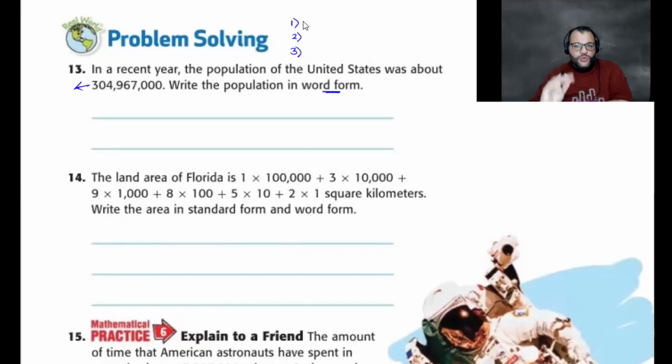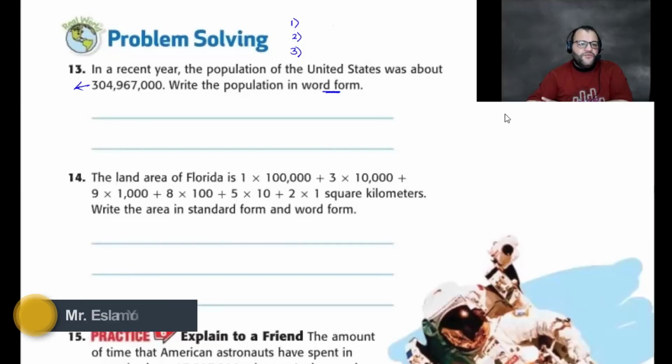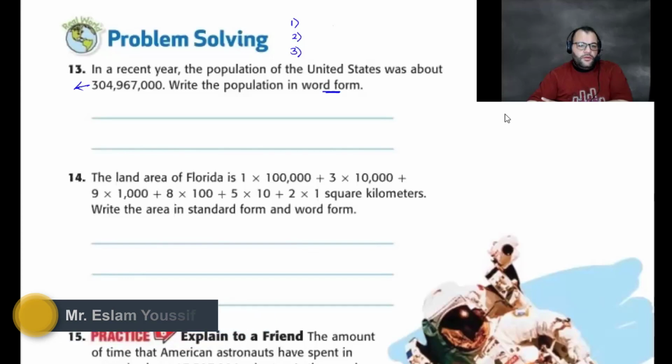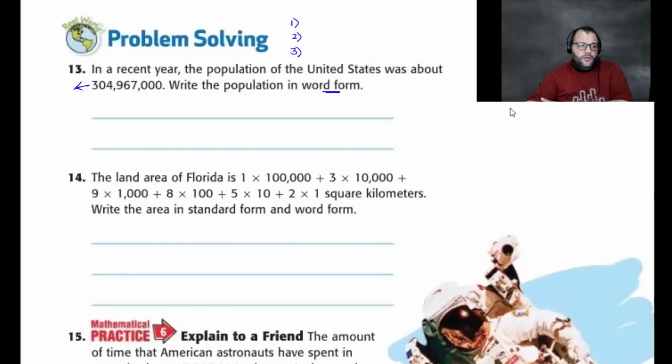Not the digits. We have 3 forms to write the number. I need the name of the forms. I didn't ask you to read the number. I need to know the name of this form of the number.